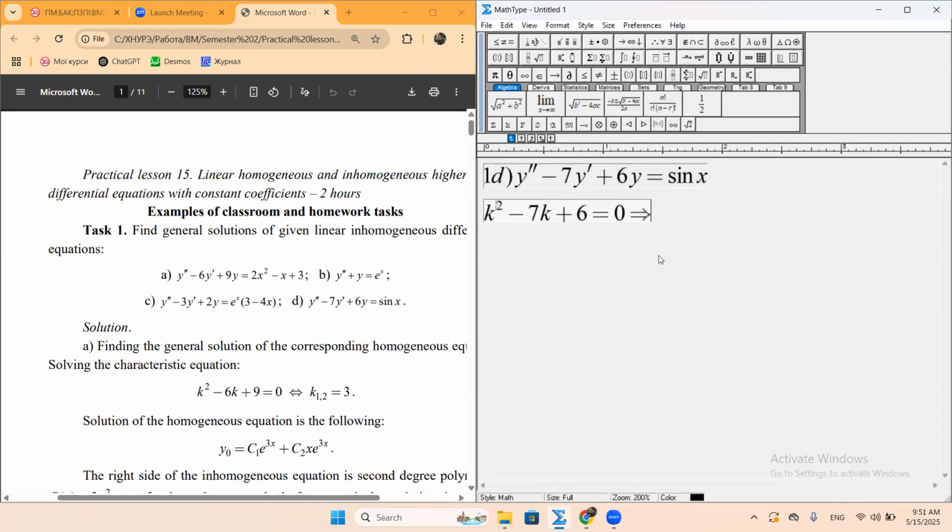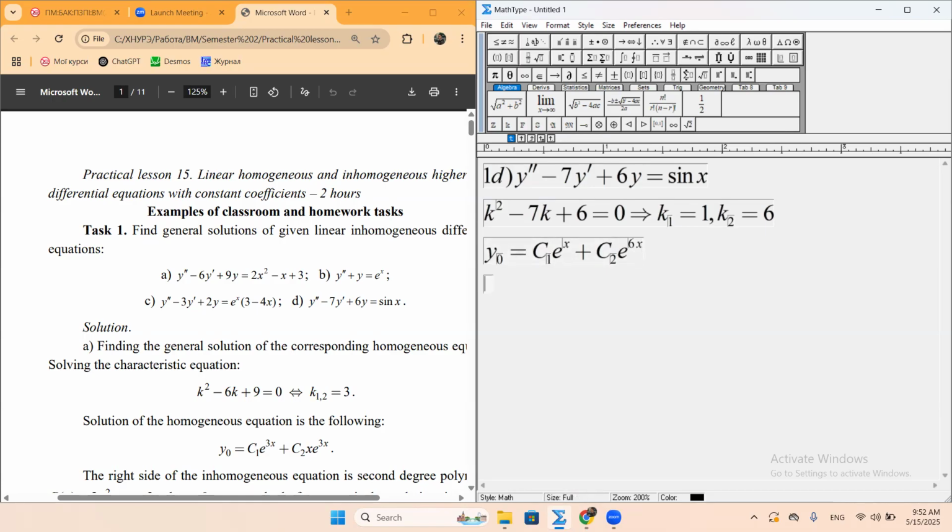What do we have? k1 equals 1 and k2 equals 6. So the solution of the homogeneous equation will be C1 e to the power of x plus C2 e to the power of 6x.